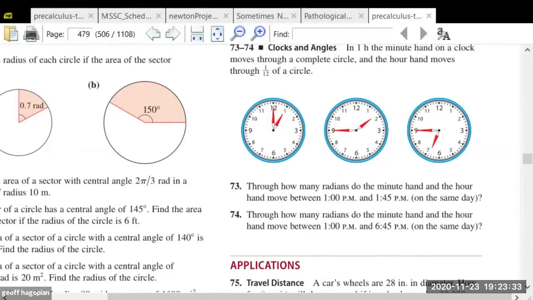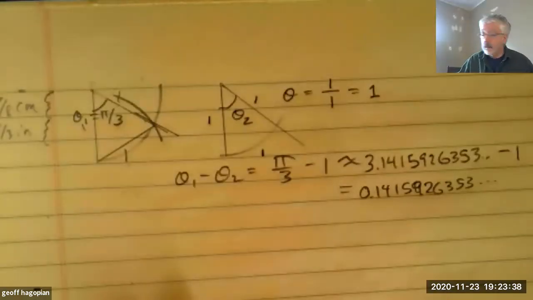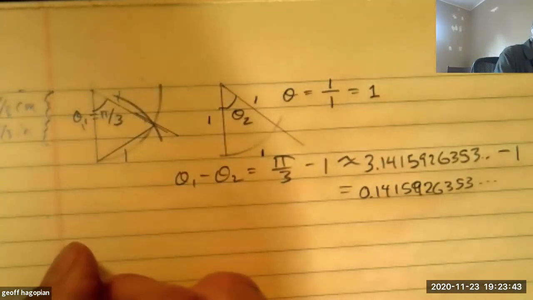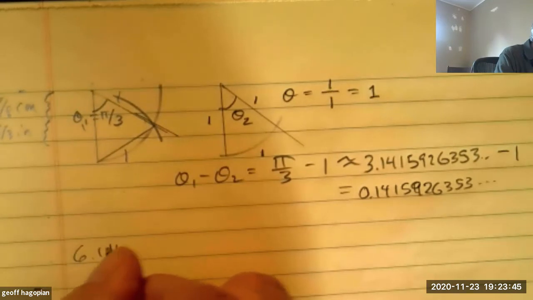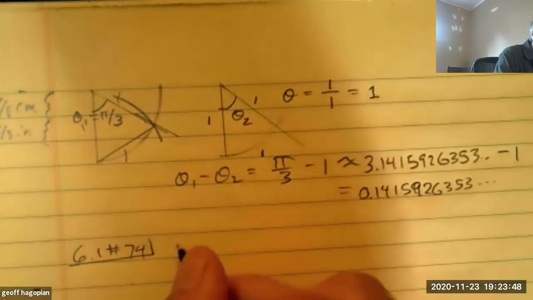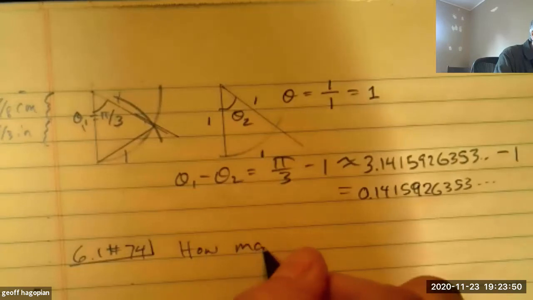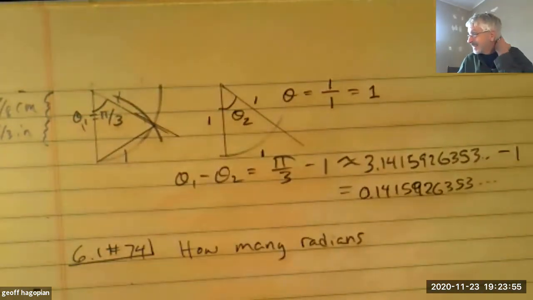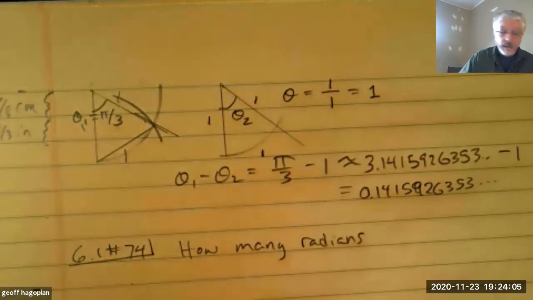I'll just copy that over to our workbench here. So I don't know what that last problem was, but this is 6.1, number 74. Do I have that right? Yeah, okay. This was number 72, huh? 6.1.